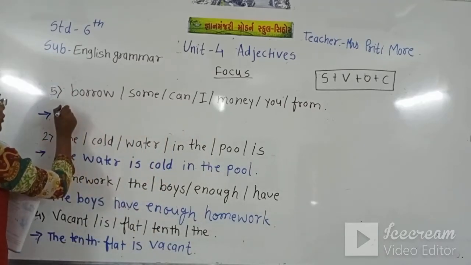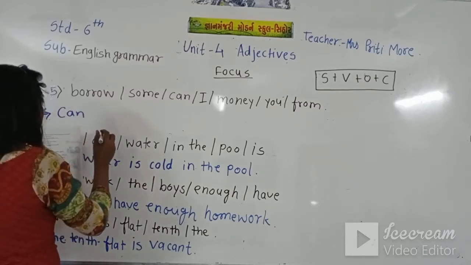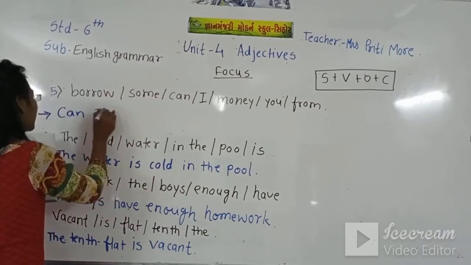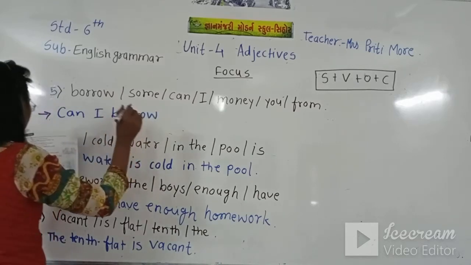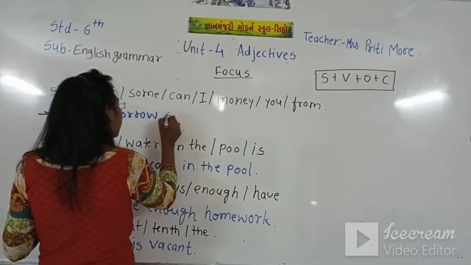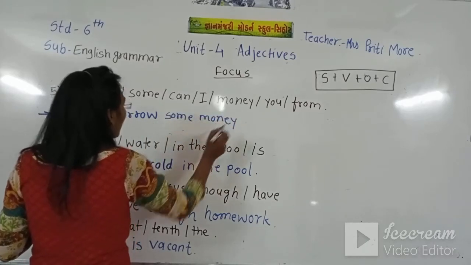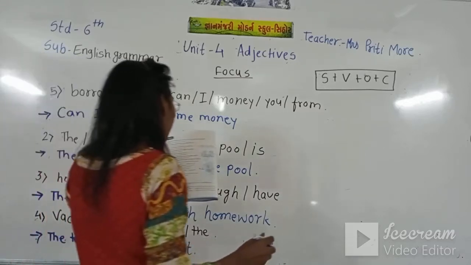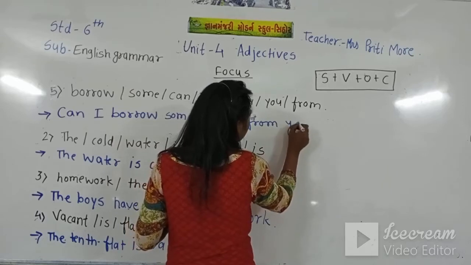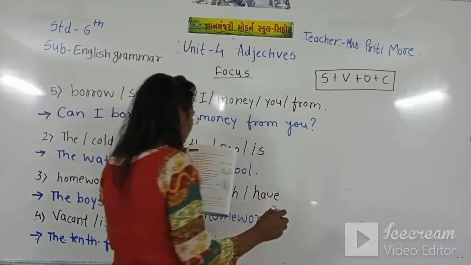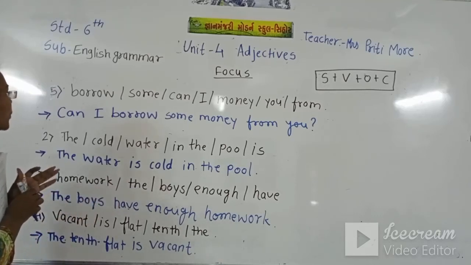First we need to make the sentence: Can I borrow some money? Can I borrow some money from you? Question mark. Can I borrow some money from you?